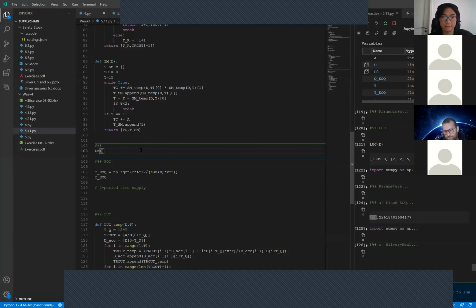Just to show you that you will get the result using this code.